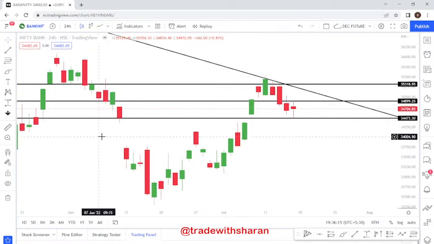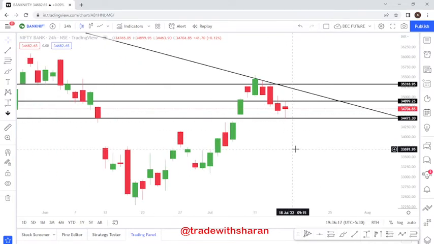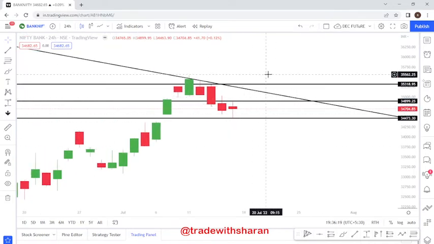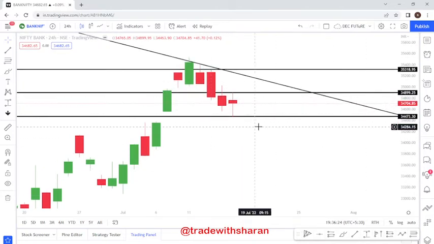So it can go down or upside, whatever it is, but we'll be looking to buy it or short it only after it crosses Friday's high or low, correct? Which is at 34,900 and 34,480 levels, correct?